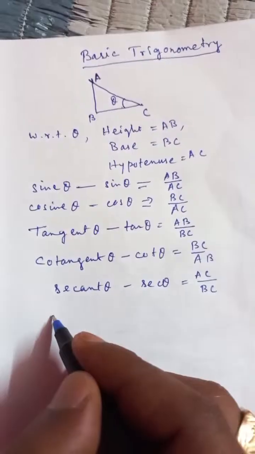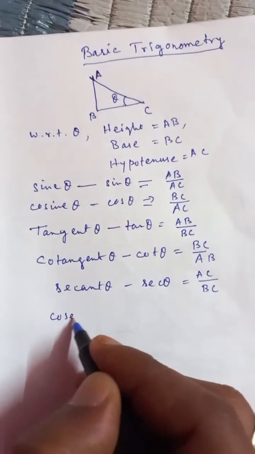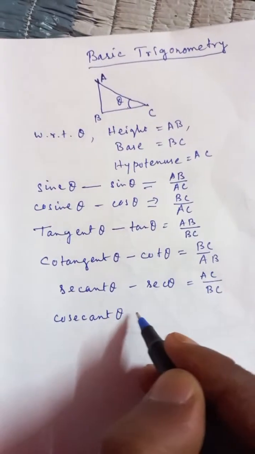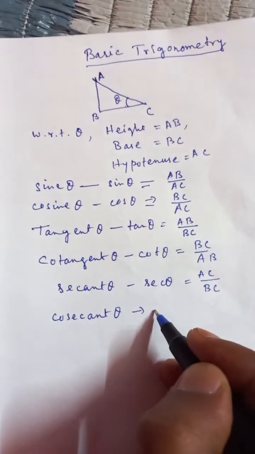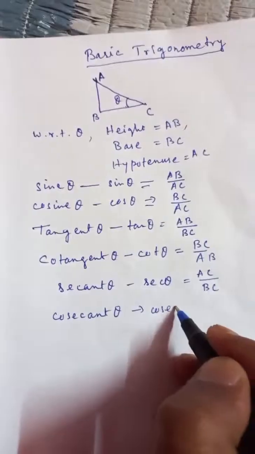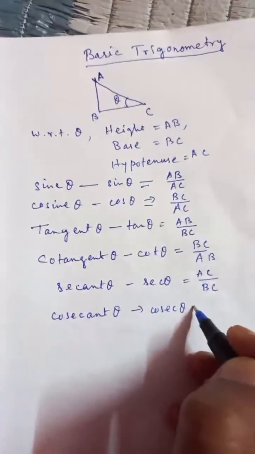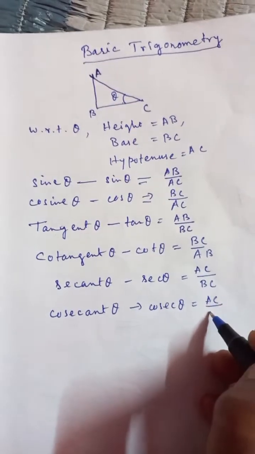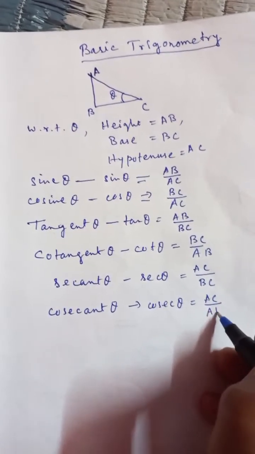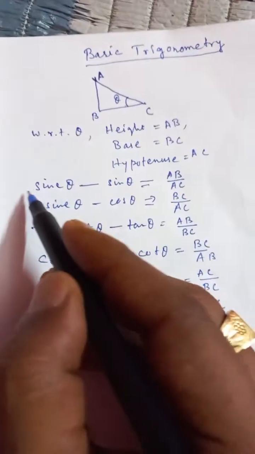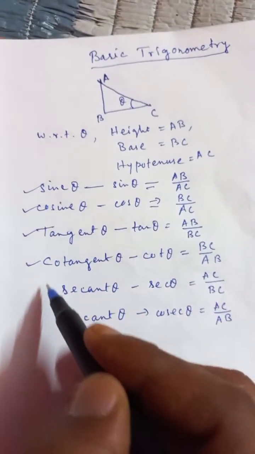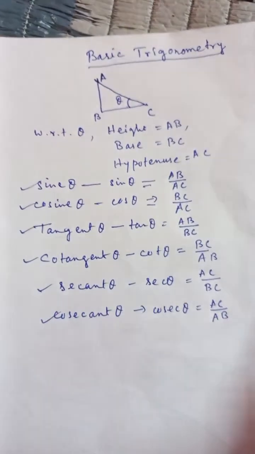And cosecant theta, cosec theta, is equal to hypotenuse AC by height AB. So these are the 6 trigonometric functions defined, and we have to learn about this.